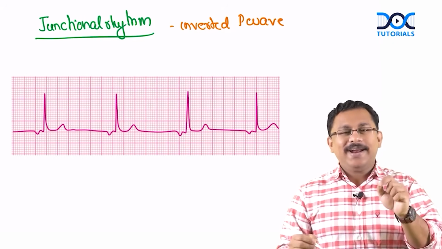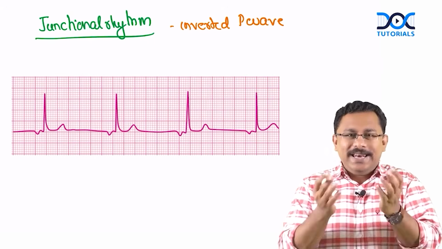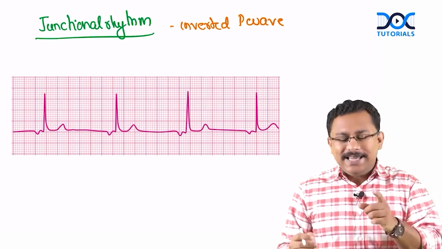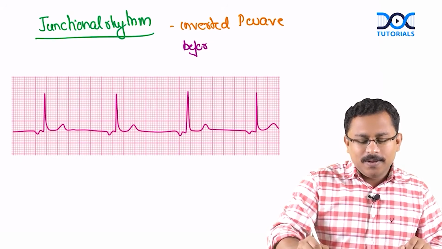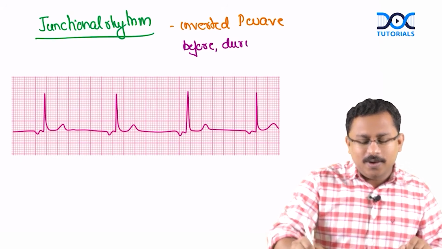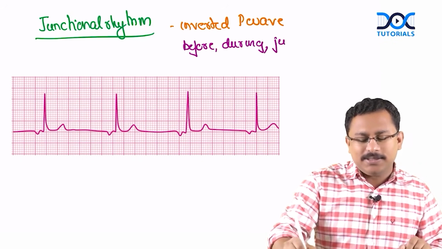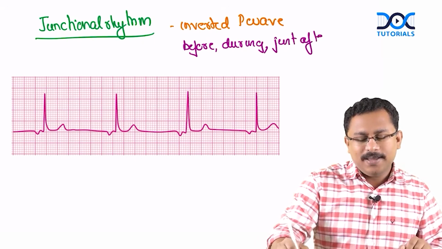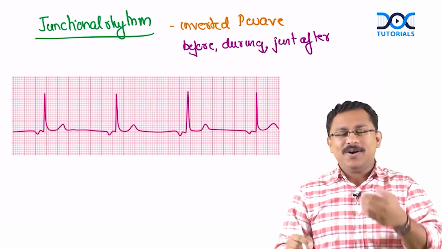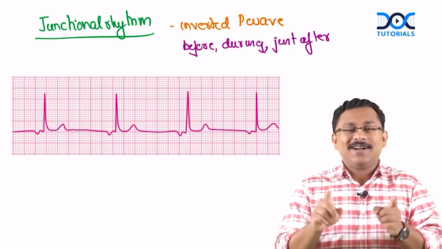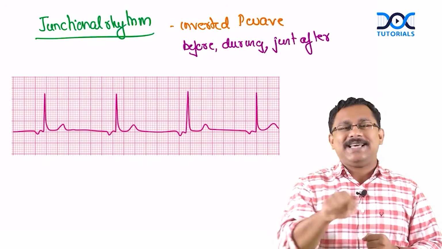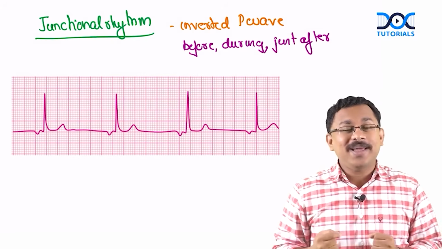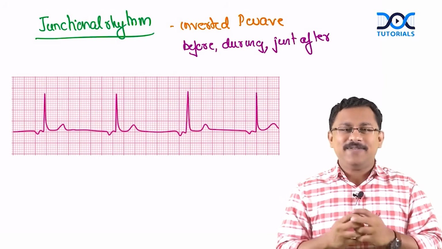And these inverted P waves can occur either before or during or just after the QRS complex. So it can occur before, during or just after. If it occurs during the QRS complex, it will be submerged inside the QRS and you will not be able to visualize the P wave.